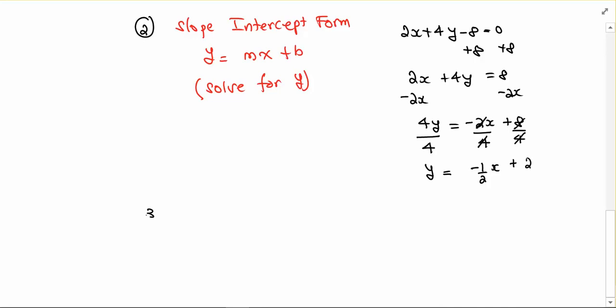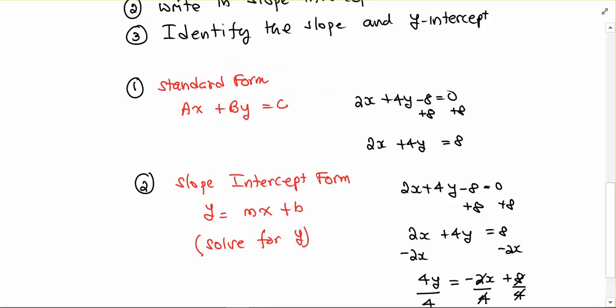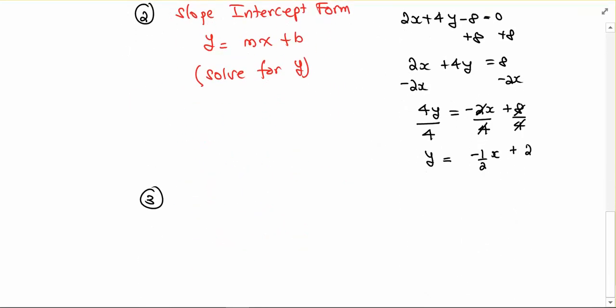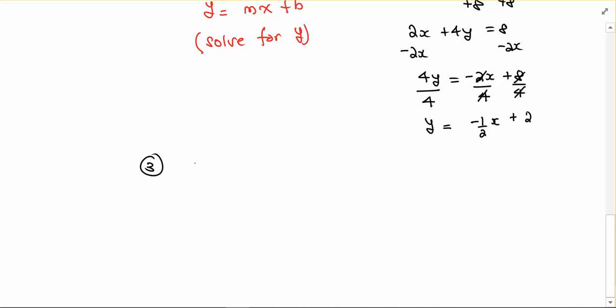And part 3 of this problem says identify the slope and the y-intercept. So we can do that. Now we have y equals minus 1/2 x plus 2, and we can match that up against y equals mx plus b.